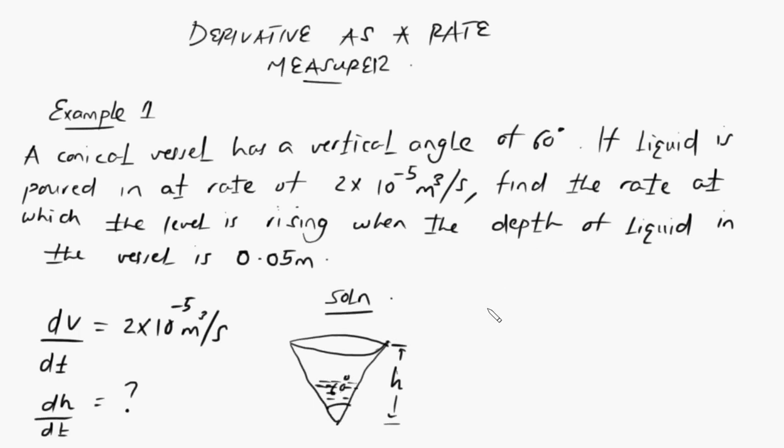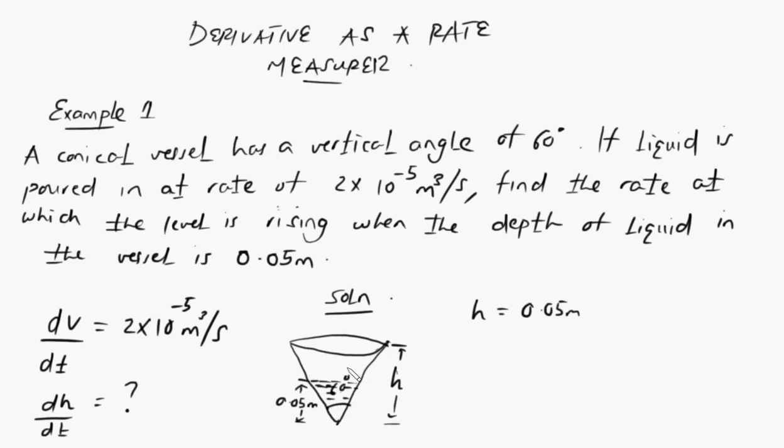When the depth of the liquid in the vessel is so maji tayari 0.05. Kwa hiyo vessel kabla hata jamaa hajaanza kumimina maji kwenye vessel tayari maji alishakuwa na kimo hiki hapa, okay? So akaongeza sasa hiki kimo kina mata, okay? Kwa sababu jinsi unavyoona kwamba hapa ni panene kuliko hapa, okay?